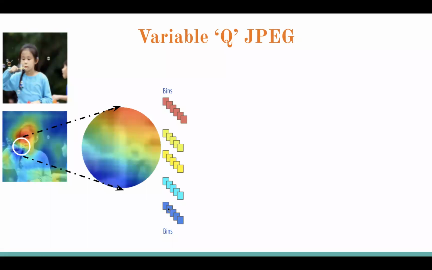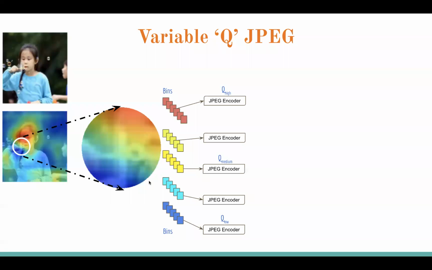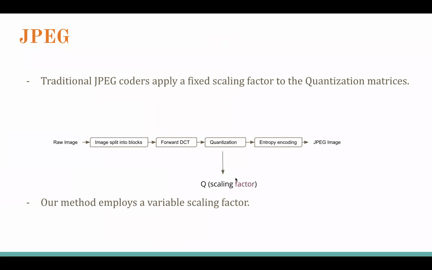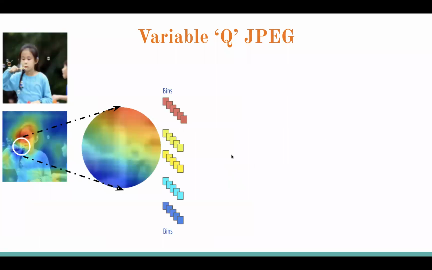Let's say we only have five different levels: the most important, the least important, and those in between. Remember we talked about how JPEG works independently on each 8x8 block. So each of these 8x8 blocks will go through JPEG encoding separately, and the Q factor, the scaling factor, will be different for each of these blocks.